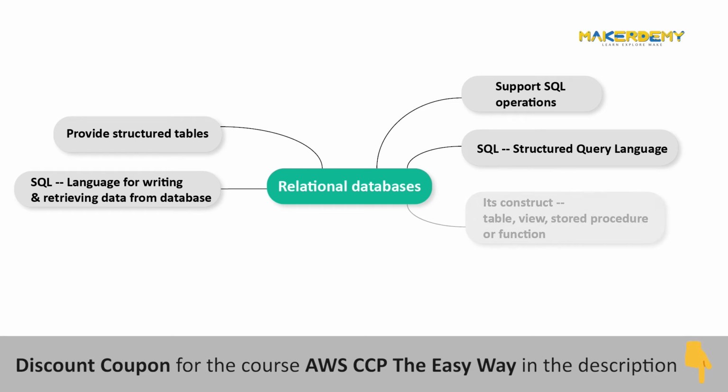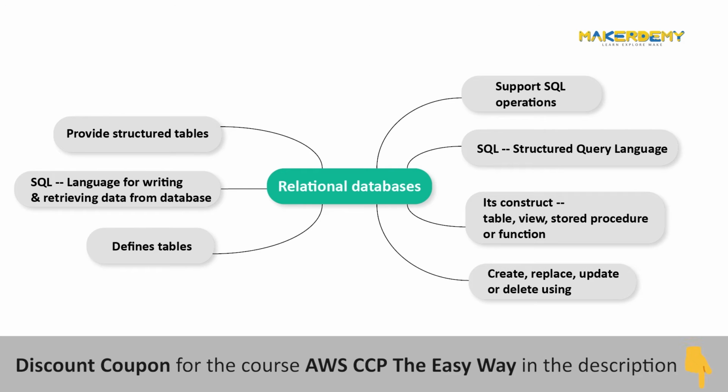A database construct could be a table, a view, or a stored procedure, even a function. So, relational databases use a schema to define tables within their database and data operations. For example, create, replace, update, or delete can be done using structured query language.